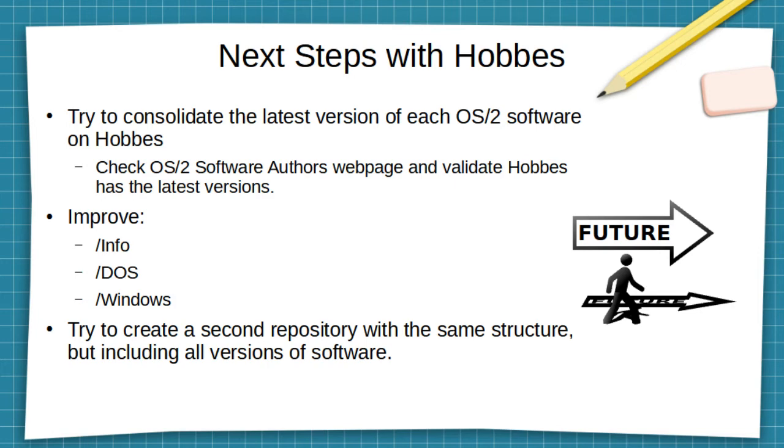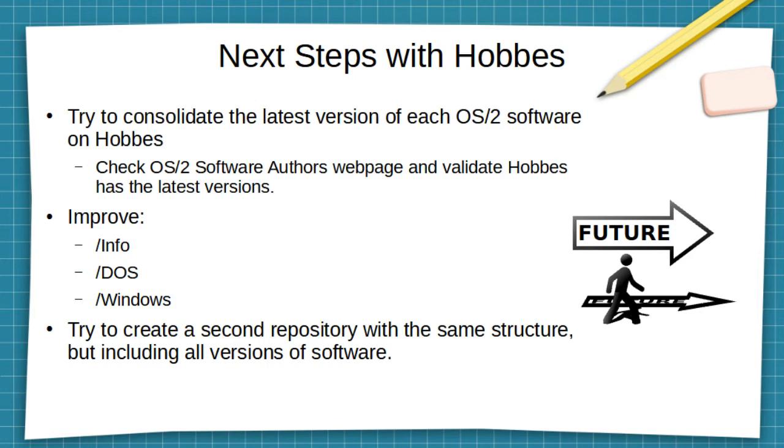I already finished your website, Alex. Oh, thanks. So everything that you have on your website is already on Hobbes, but I have to go developer by developer. Okay, and I still need to work on this category that is informational. The documentation is still a mess. DOS software that is somehow related to OS2 has to be also organized.